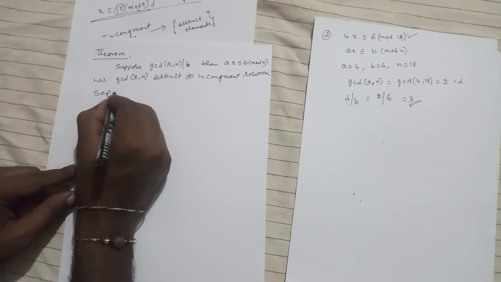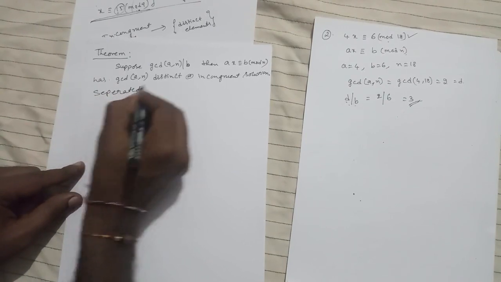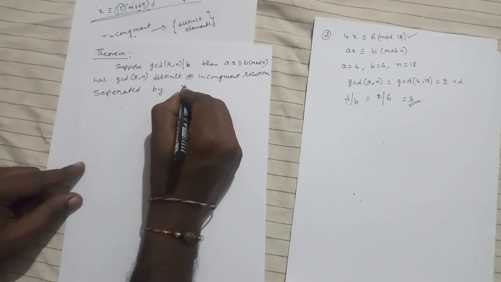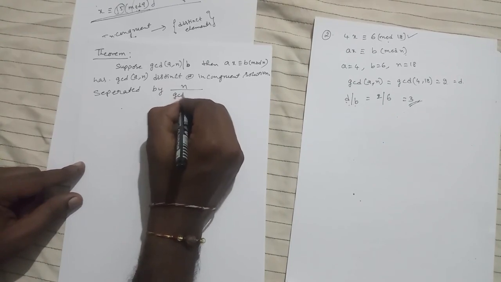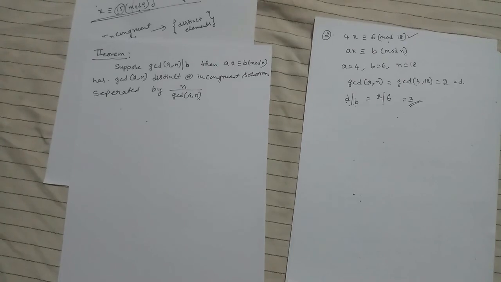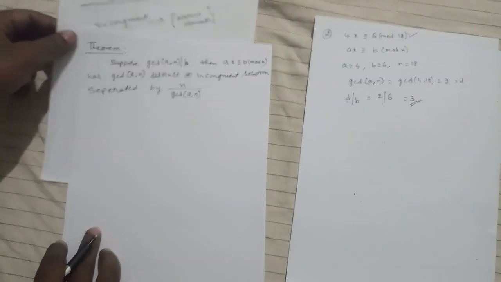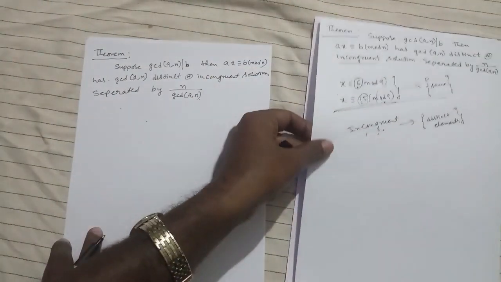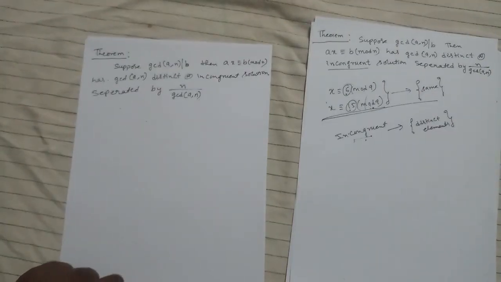So separated by n divides GCD of a comma n. So I'll go for the proof.